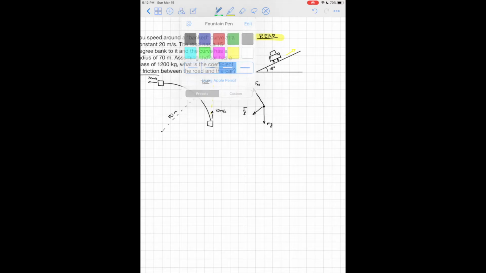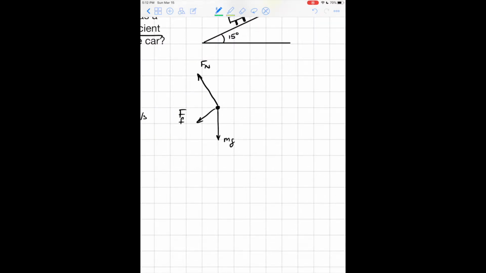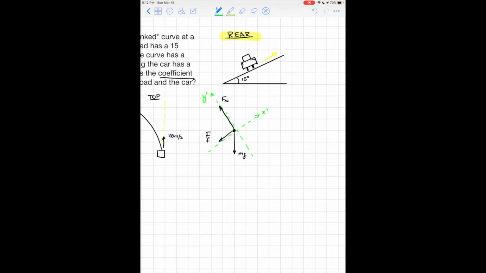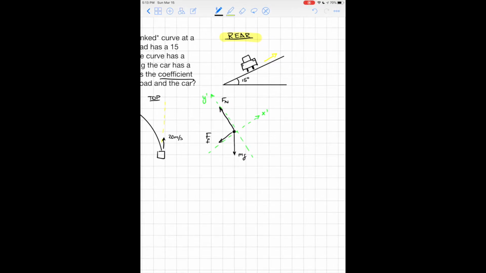Now, in the past, we've already said that it might be convenient to draw my y prime axis and my x prime axis. But there's a sticky little situation here. If I draw the x and y primes, what I'm forcing myself into is saying that my a net needs to be along the x prime or y prime direction.